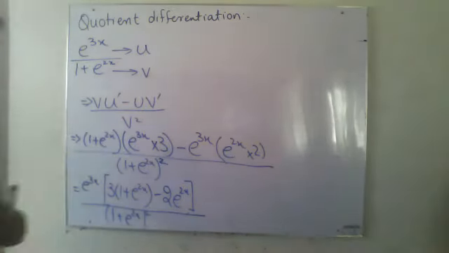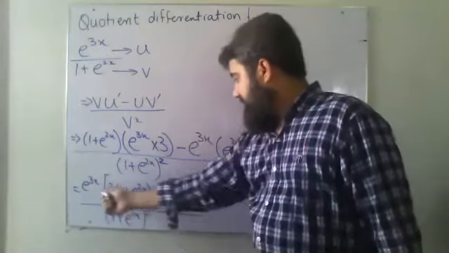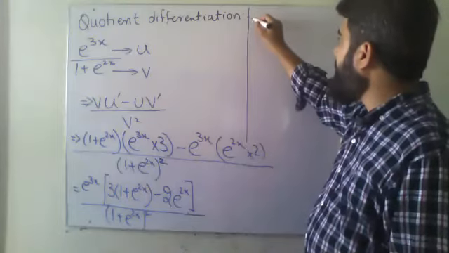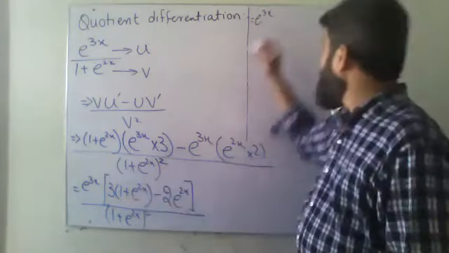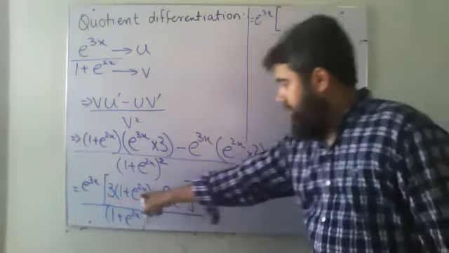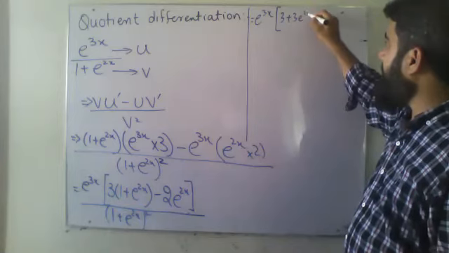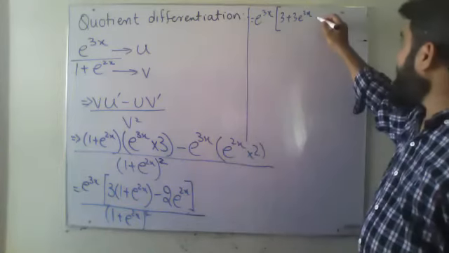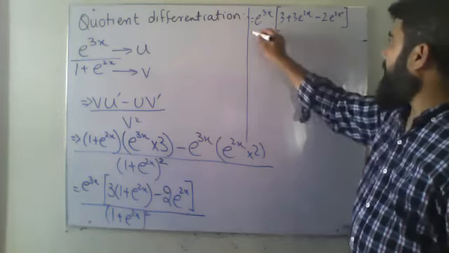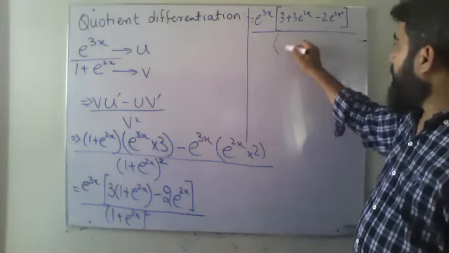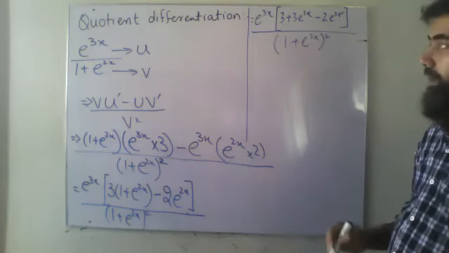Okay, so simplifying it further, e^(3x), 3 ones are 3 plus 3e^(2x) minus 2e^(2x) upon (1 plus e^(2x)) whole square.